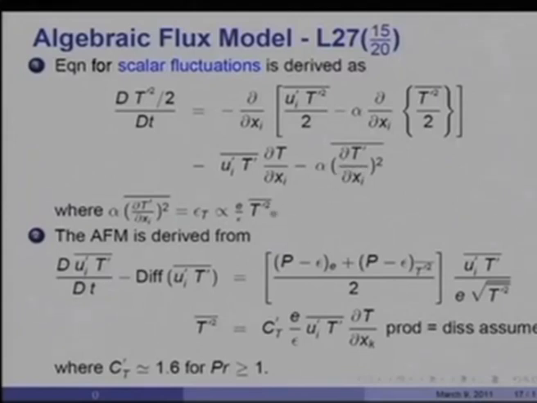And now, like the algebraic stress model, we can say algebraic flux model, we would postulate that the convection minus diffusion of the flux would be taken as production minus dissipation of the kinetic energy plus production minus epsilon of T prime squared divided by 2, some kind of averaging of the kinetic energy and turbulent fluctuation squared into u_i dash u_t dash divided by E into square root of T prime square.